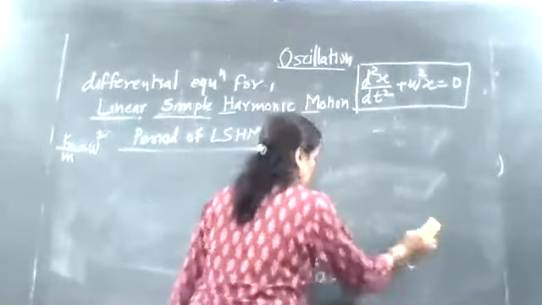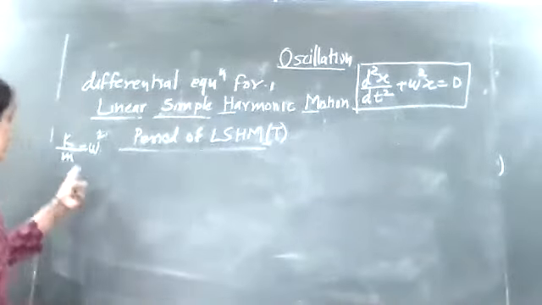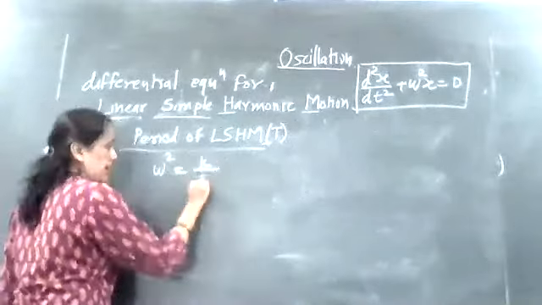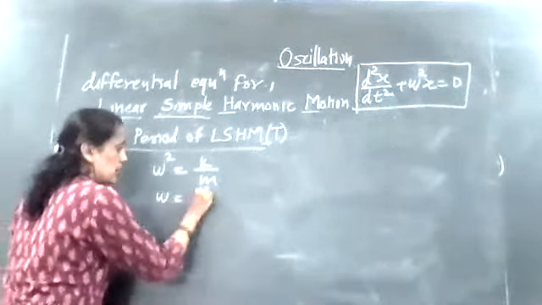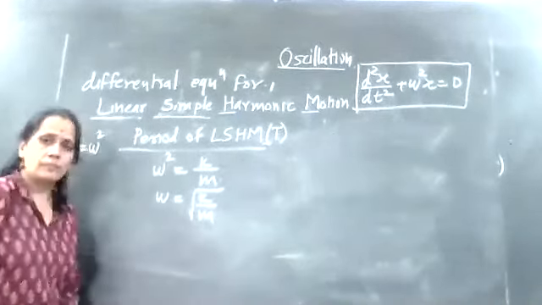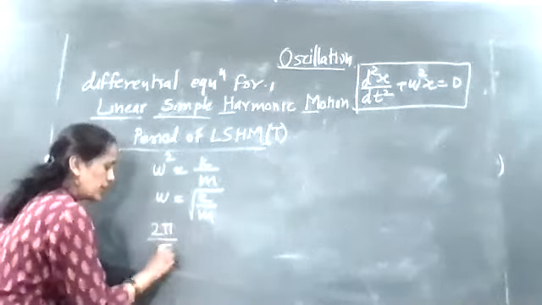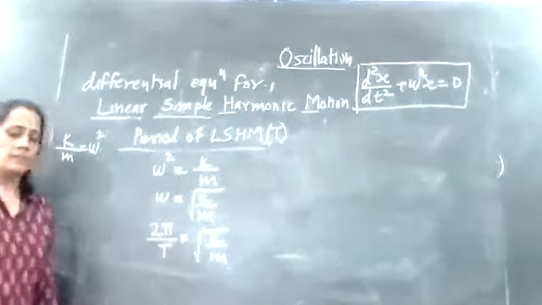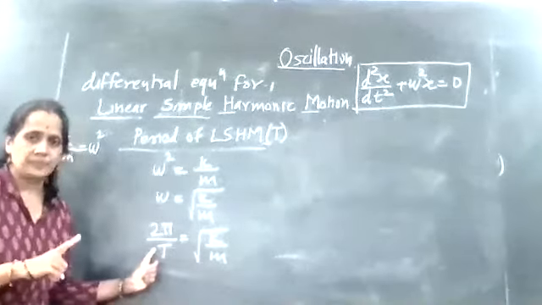So now, what do I use here? We know that omega square is equal to k by m. Therefore, omega is equal to under root of k upon m. Omega is nothing but 2 pi upon T, which is equal to under root of k by m. This formula omega is equal to 2 pi by T we have seen in circular motion.